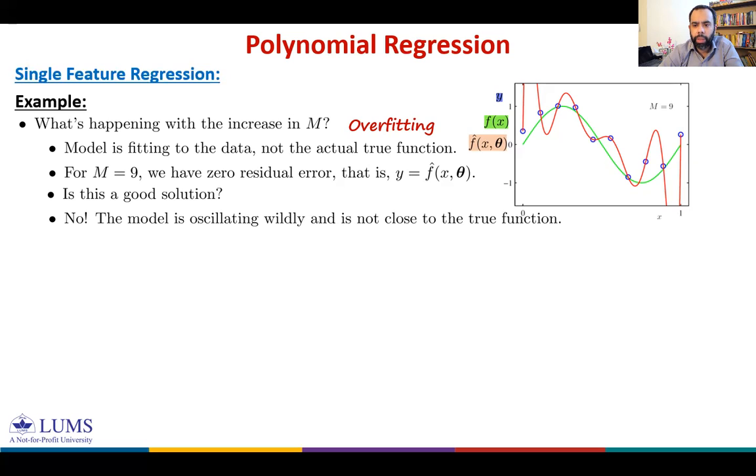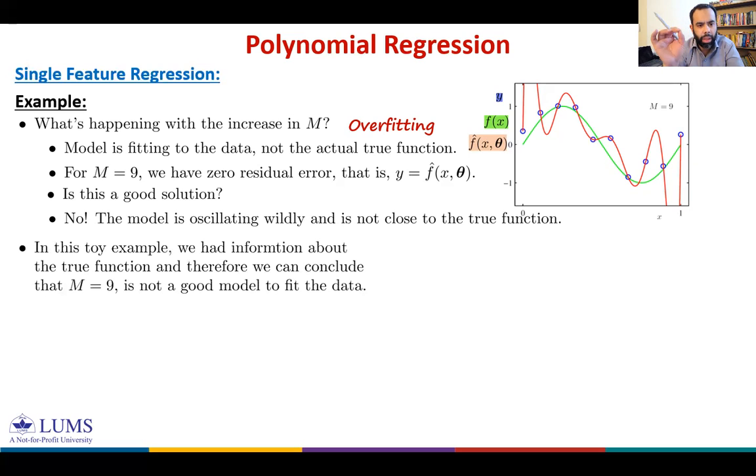So in this toy example, we had information about the true function, and therefore we can conclude that m equal to 9 is not a good model to fit the data. But in practice, we don't know f of x.